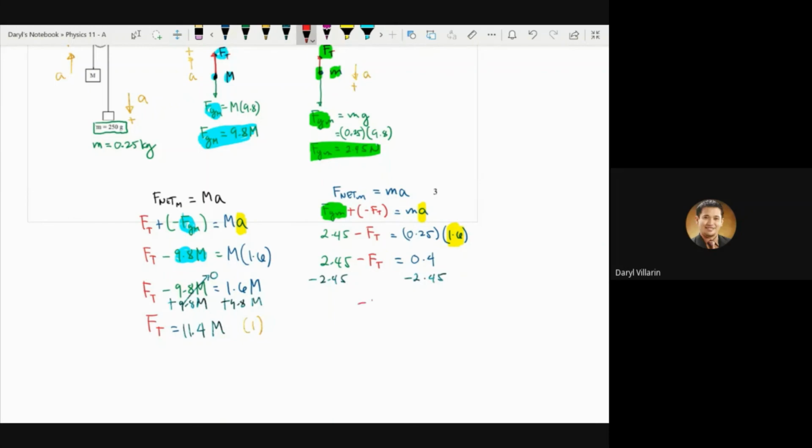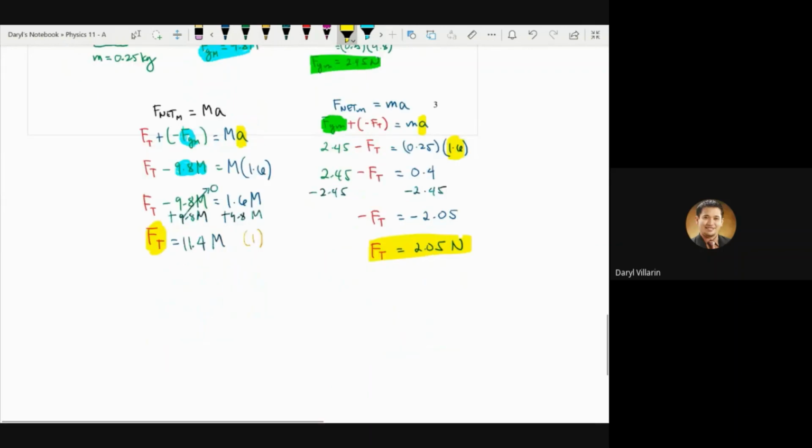So negative Ft is equal to negative 2.05, correct? And then the magnitude of my Ft is just equivalent to 2.05 Newton.